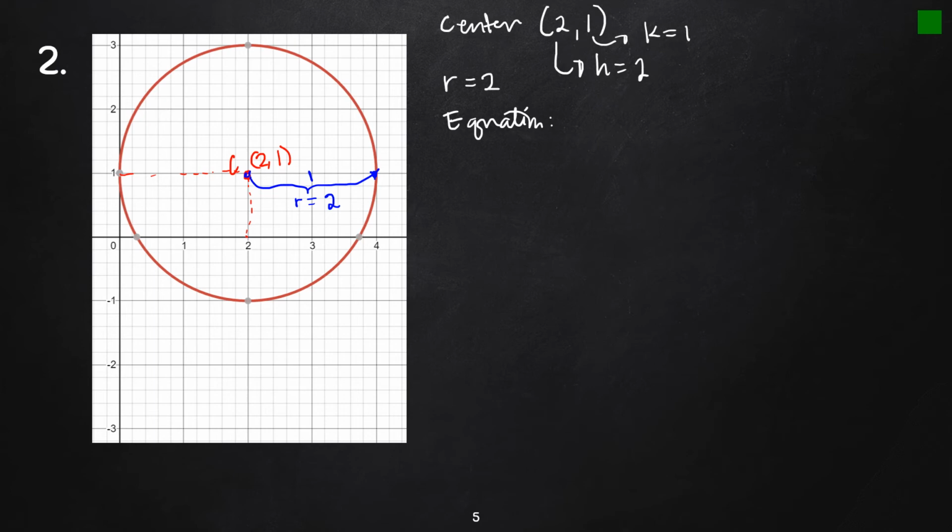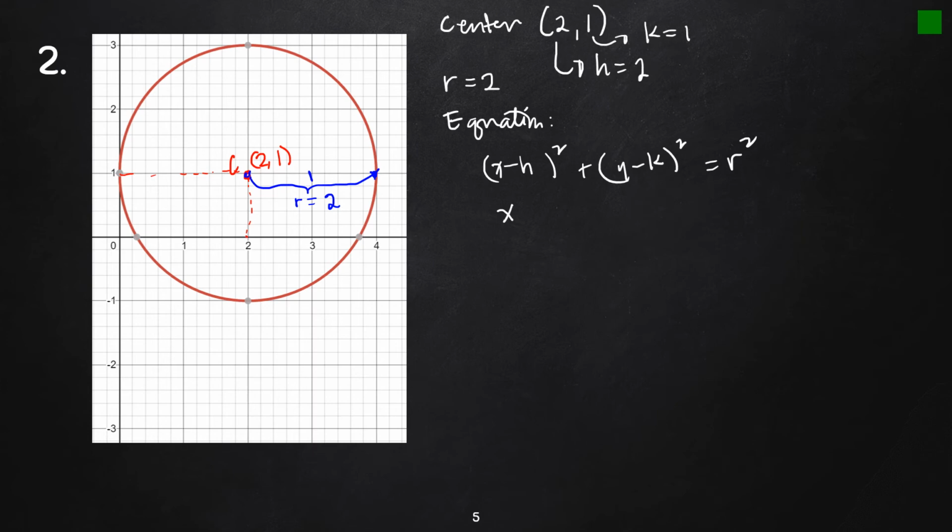So going back again to the standard form of the equation of the circle, x minus h quantity squared plus y minus k quantity squared equal to r squared, we substitute h and k by the values determined by the center of our circle, which is at 2, 1.